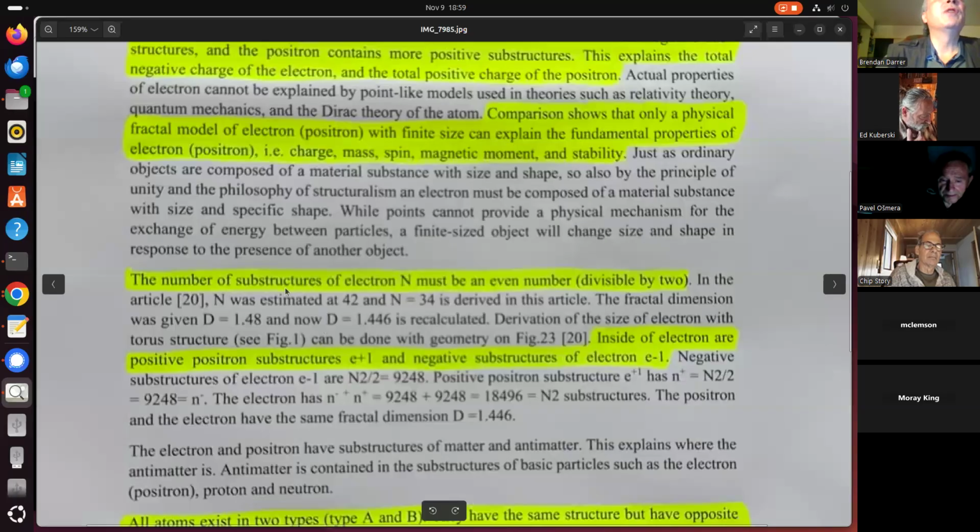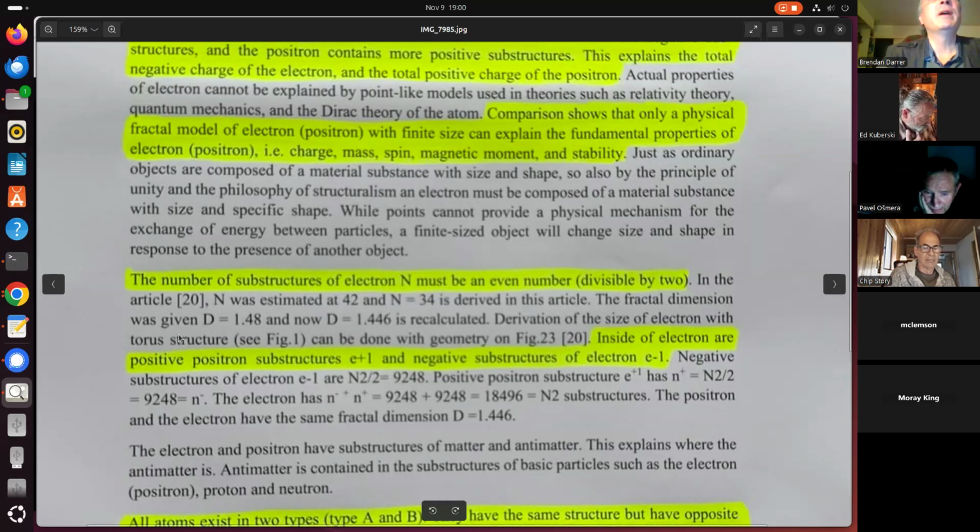The number of substructures of the electron, N, must be an even number divisible by 2. In the article, reference 20, N was estimated at 42 and N equal 34 is derived in this article.